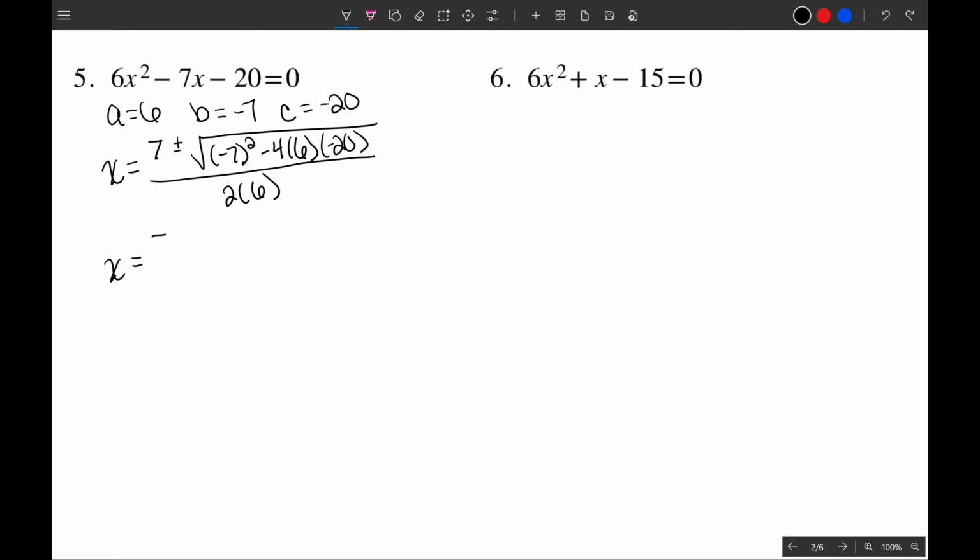So x equals 7 plus or minus the square root of, and then the number under the root, that discriminant, is 529, all over 12. Now, if you do a factor tree for 529, you're going to figure out that it's a perfect square.